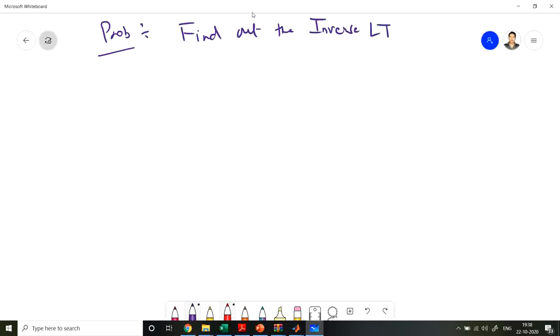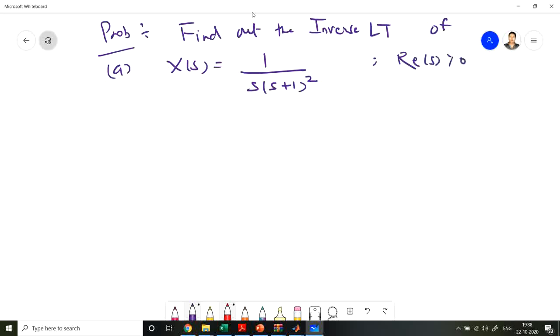The inverse Laplace transform of X(s) equals 1 divided by (s plus 1) whole square, and the ROC is given, that is real part of s greater than 0.